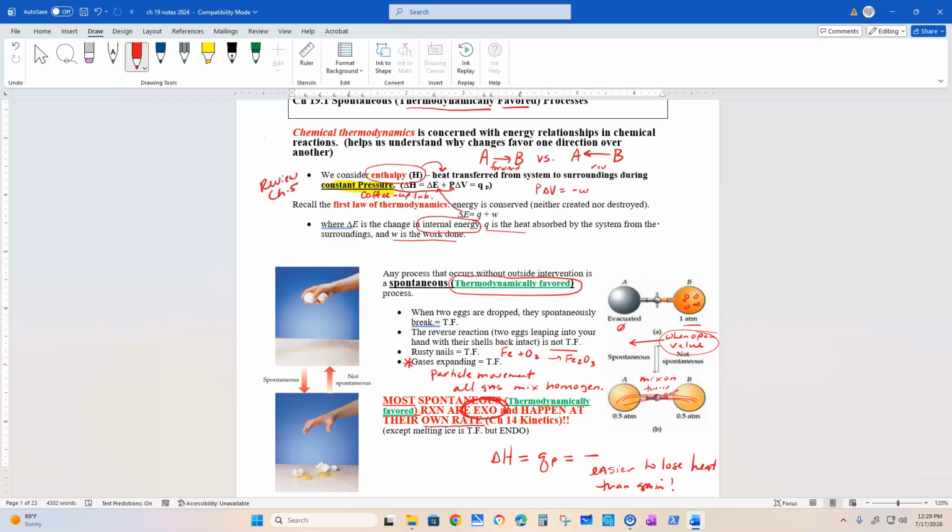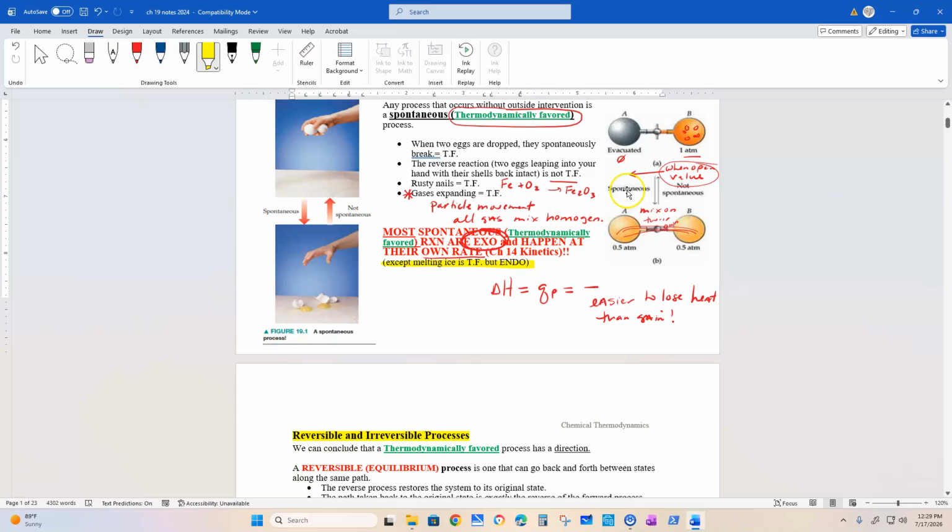So if they go fast or slow, they're going to do it whatever speed that they want, but as long as it's exothermic. There is a but to this. Thermodynamically favored are exothermic reactions. However, there is one time melting ice is thermodynamically favored, but it's endothermic.